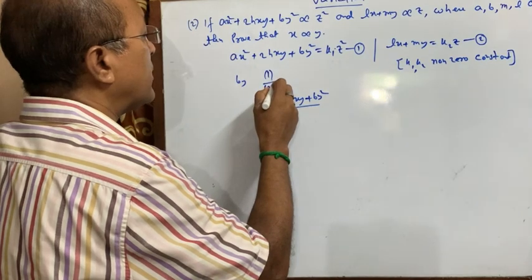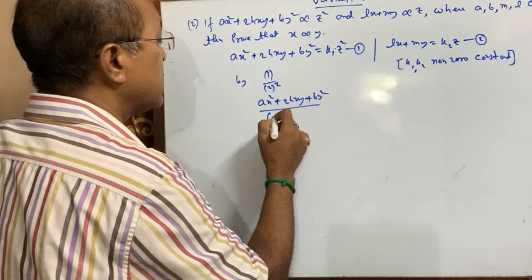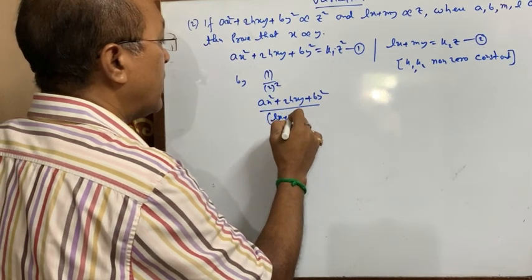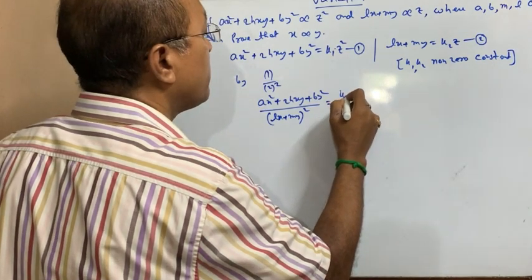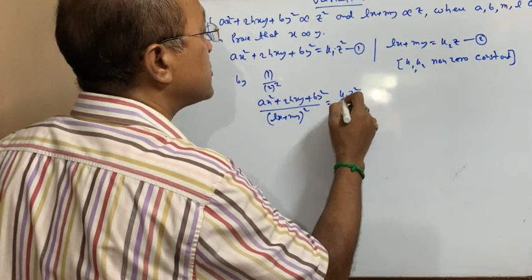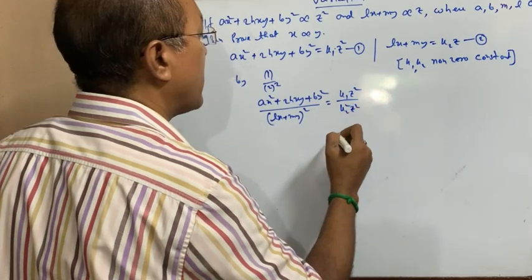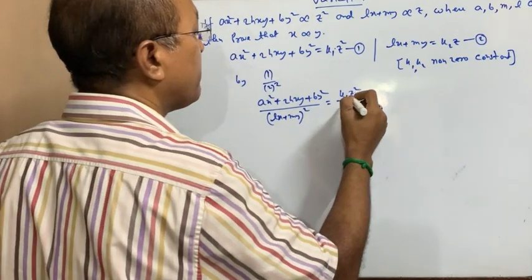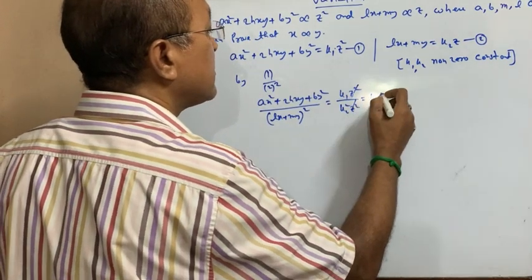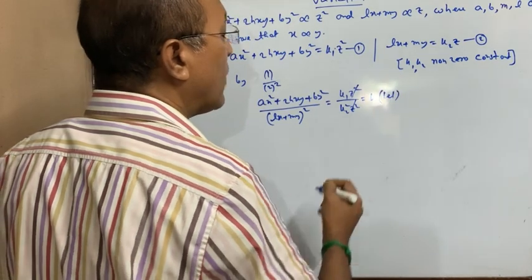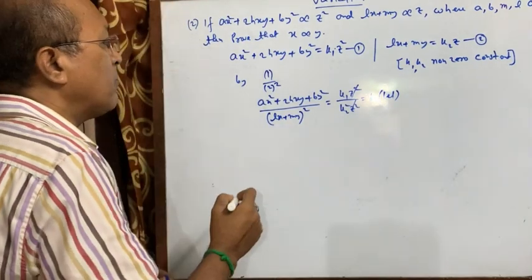Now I'm doing one thing, 1 by 2 square, means (Lx plus My) whole square, that is equal to k1 z square by k2 squared z square. Okay. That is equal to, we can write k. K1, K2 are nothing but constant. Right?